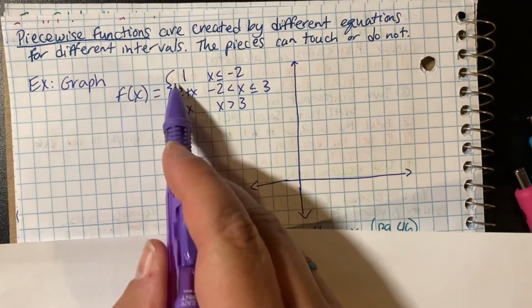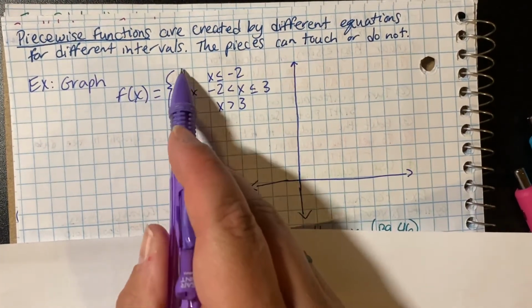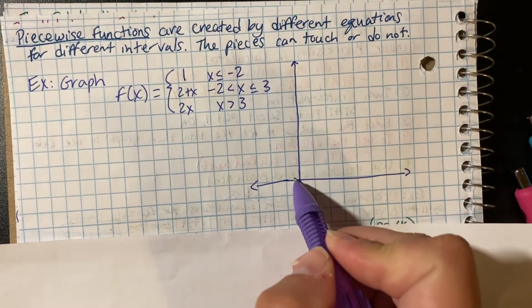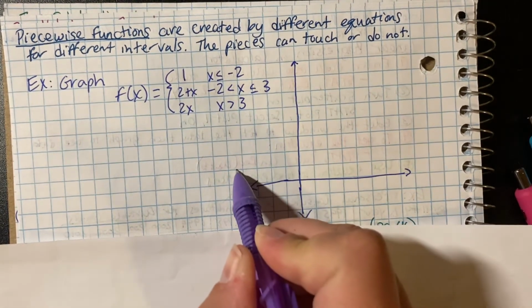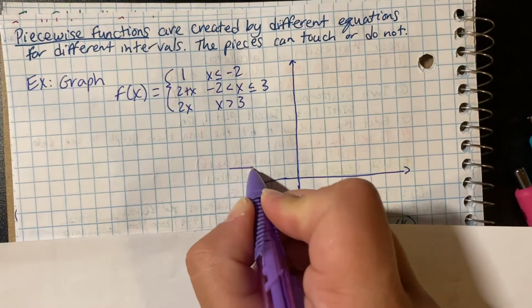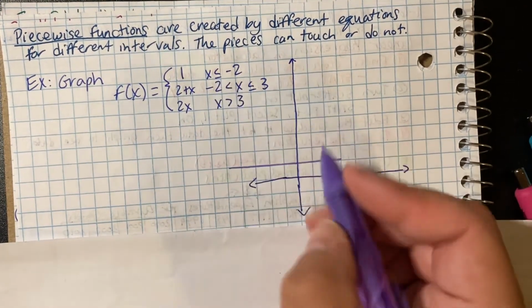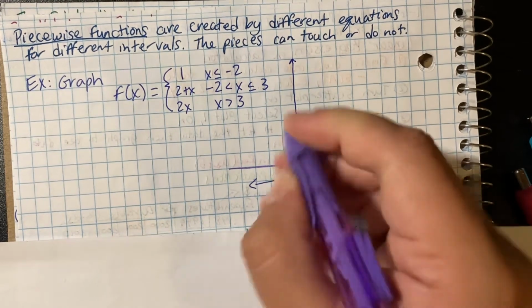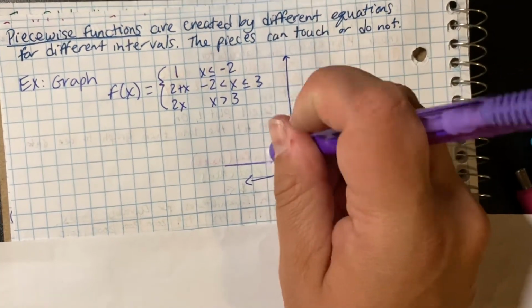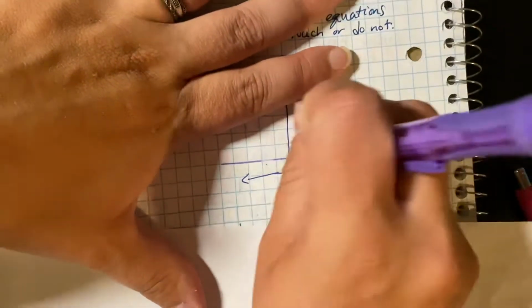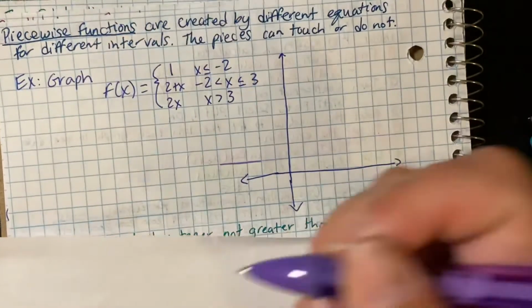So y equals 1. Remember, this equation is when y equals 1. Y is going to equal 1 always, right here. Okay. But we just want it when it's less than -2, so we're going to erase everything from here over. Okay, that's why I did an erase in my pencil.